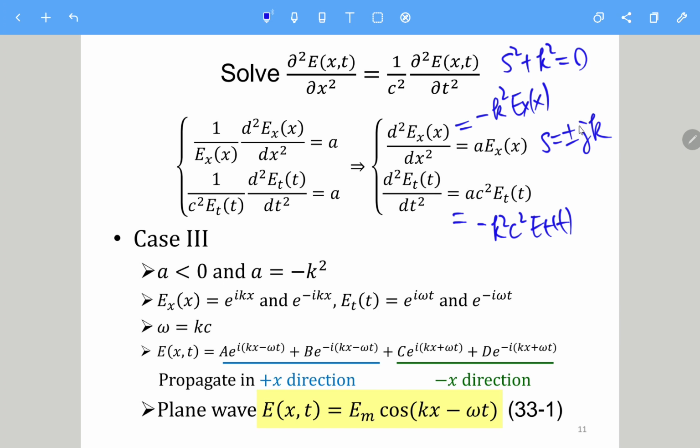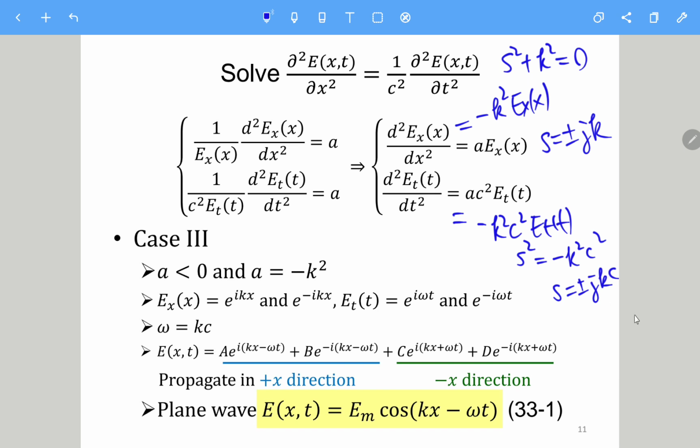So s equals plus or minus jk. And for this one, we have s squared equals negative k squared c squared, so s will be plus or minus jkc.